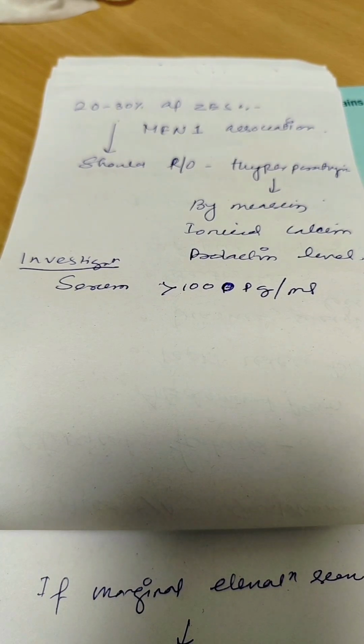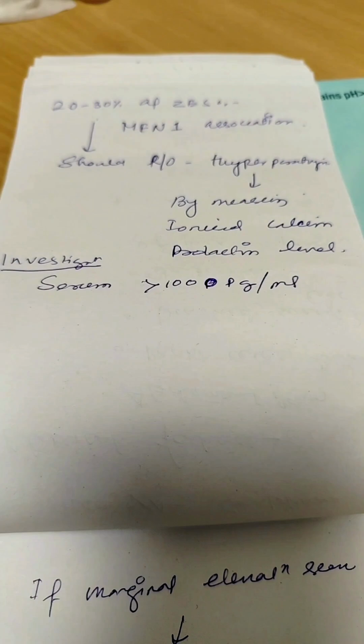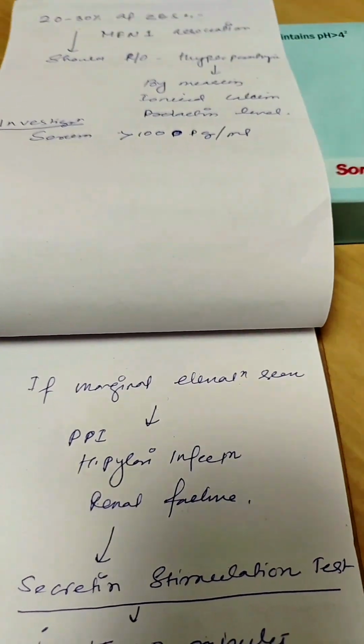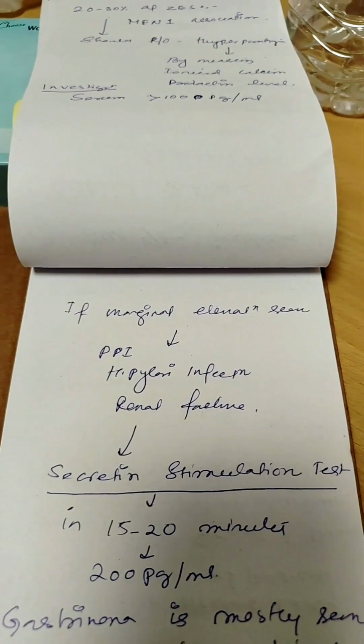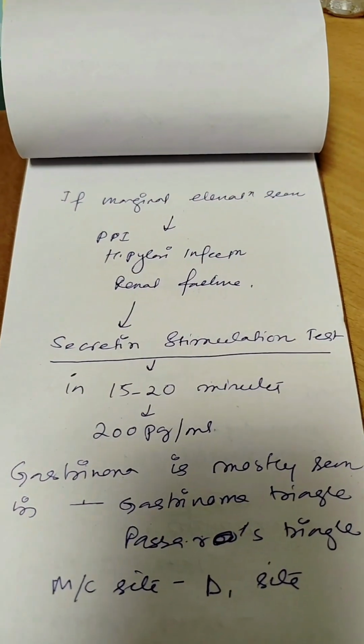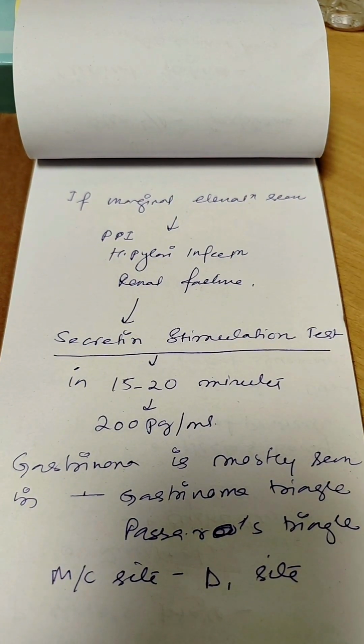But in some cases, like chronic PPI ingestion, H. pylori infection, and renal failure, we see some marginal elevation of serum gastrin level. So, to rule that out, we have to do a test, that is the secretin stimulation test.